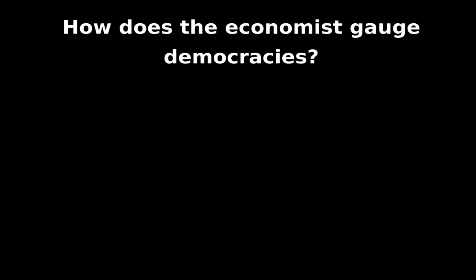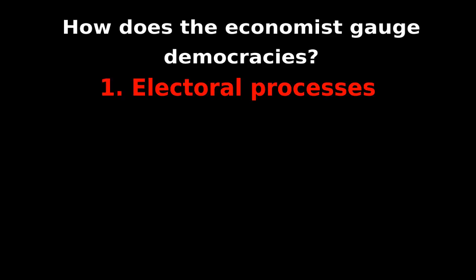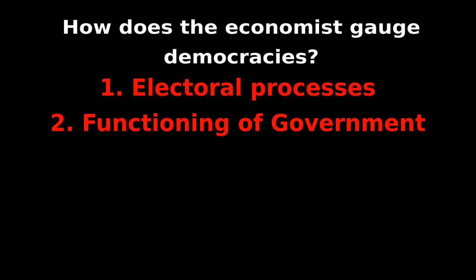The Economist Democracy Index divides itself into 5 categories. The first is electoral processes. Do elections occur within the country? If so, how competitive are they? How often do they occur? Second is functioning of government. Are there checks and balances? Are the branches of power separate?